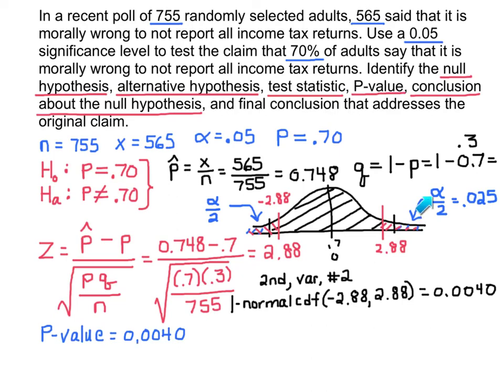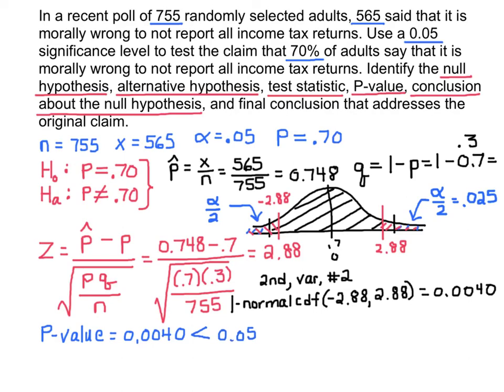And when we compare that to the probability value for our alpha, or our significance level, 0.05, which is the area to the right and to the left for our significance level, we find that our significance level is actually greater than our p-value.